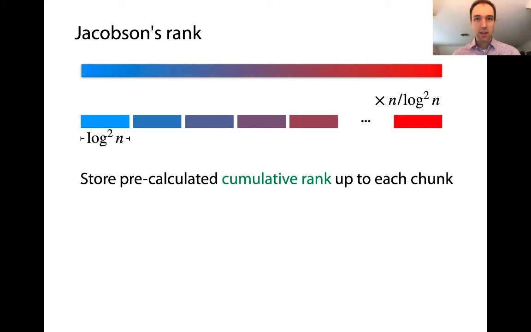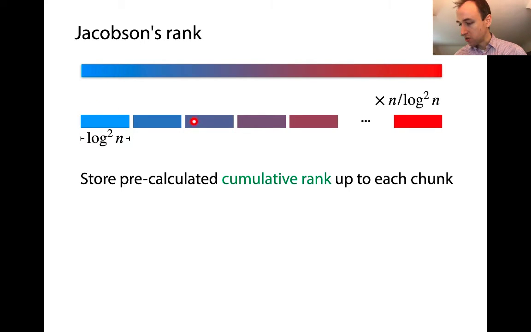Okay, so what if for each of these chunks that we've just come up with, we store a pre-calculated cumulative rank up to each chunk? In other words, for this very first chunk, it won't be very interesting because there's nothing before that chunk, so the pre-calculated cumulative rank up to that chunk will be 0. But then for this chunk right here, the pre-calculated cumulative rank will equal the number of ones in this chunk, right?